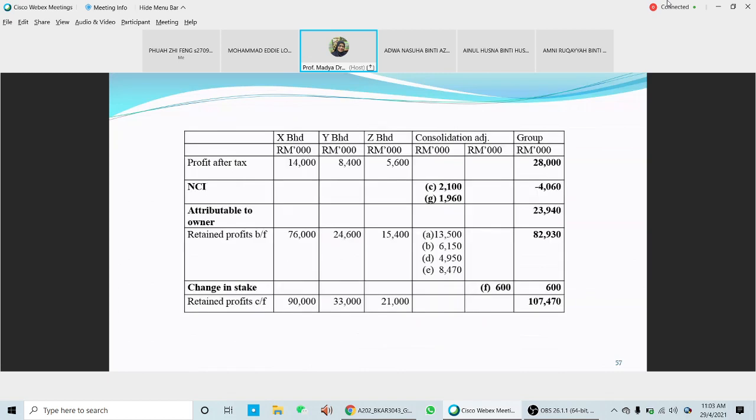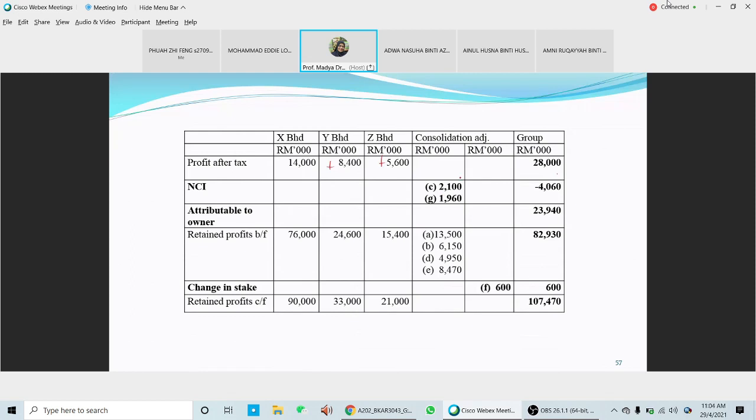For the NCI, we'll look at this 2.1. 2.1 here is the share of profit in Y. 1,964 is the share of profit in Z. So from that 28, we need to minus 4. So attributable to the owners here will be 23,940.